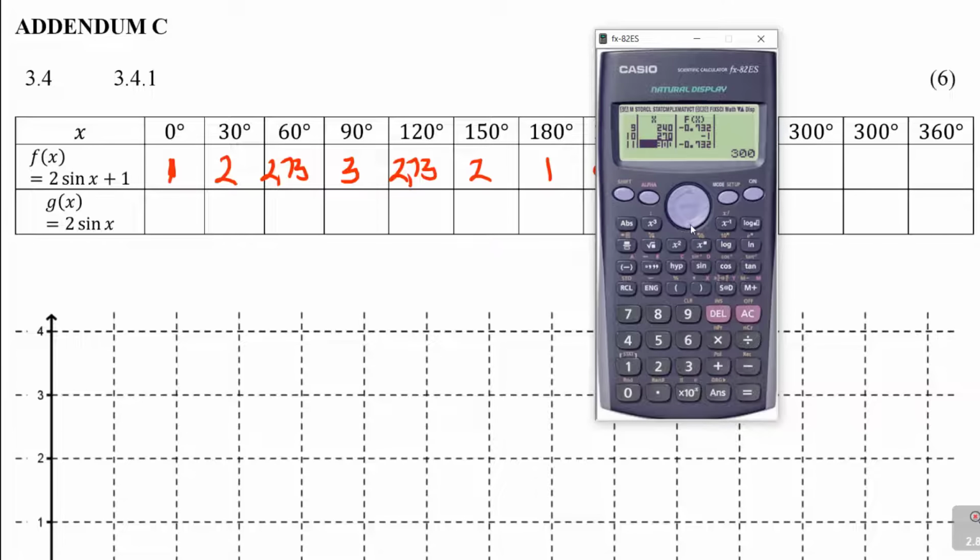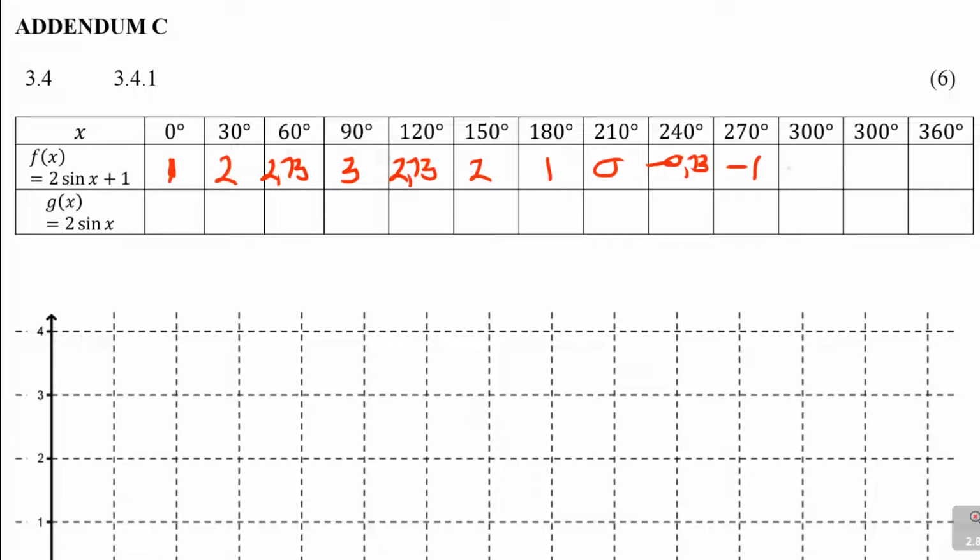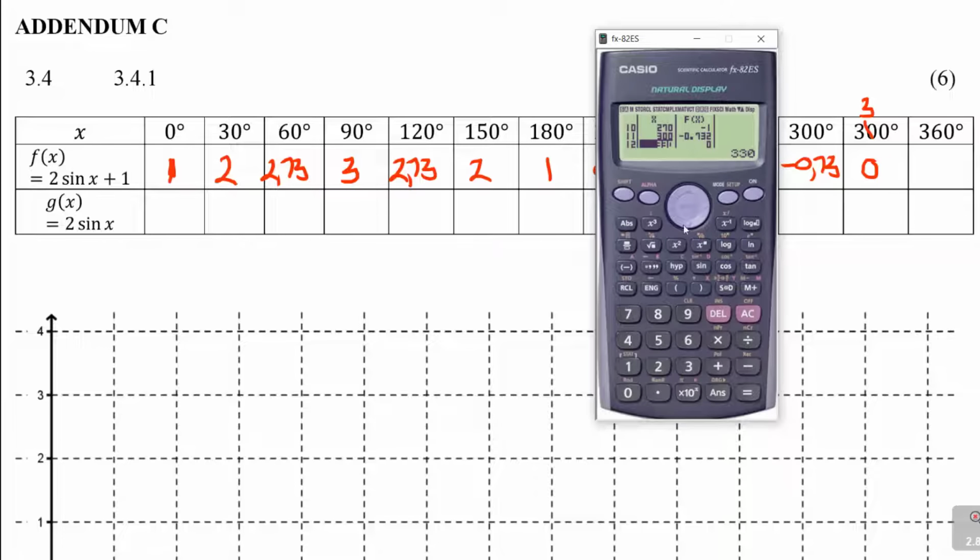And I go to 300. 300 is negative 0,73. 330 is 0. I think they made an error. They say 300, but here it was supposed to be 330, which is 0. And then 360 is 1. That's the end. You see, there is nothing further here. It's the end. 360 is 1.